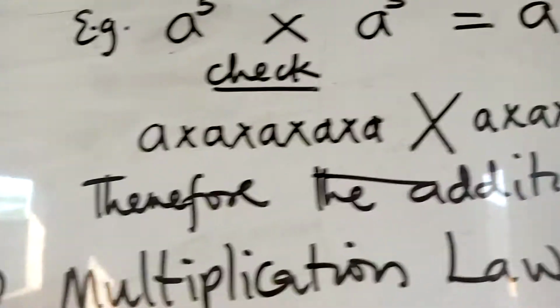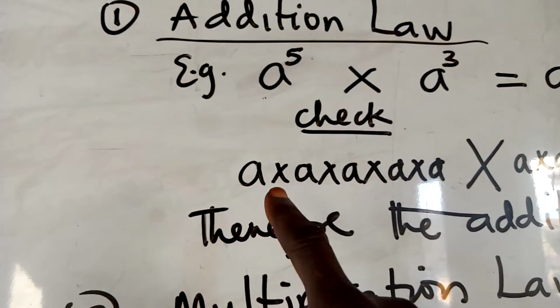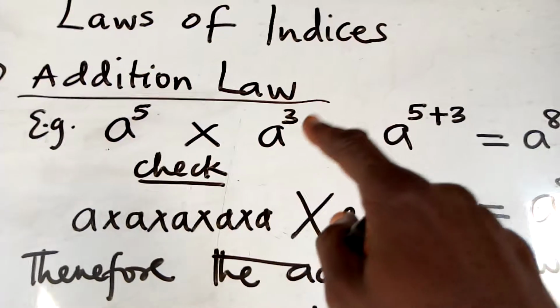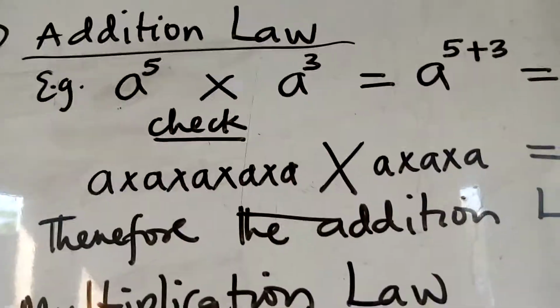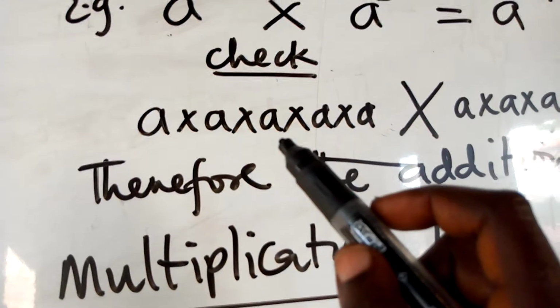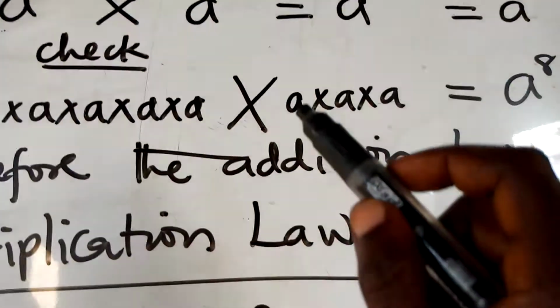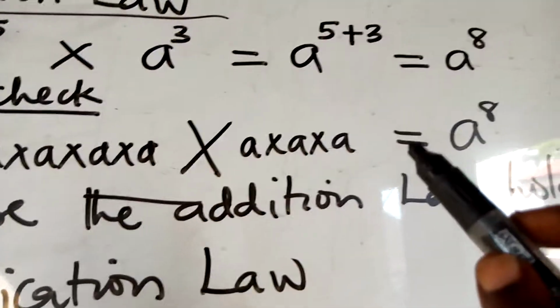I want to check out whether what I said is correct. A raised to power 5, you can see a times a times a times a times a, times a raised to power 3. Look at it, a times a times a. So let's work them out. A times a squared times a cubed times this a raised to power 4 times this a raised to power 5 times this a raised to power 6 times this a raised to power 7 times this a raised to power 8, which is what?